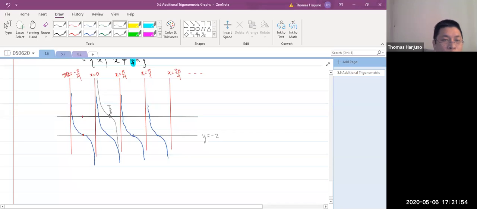If you move pi over 4 to the left, it becomes negative pi over 8. Anyway, you can see that later on.